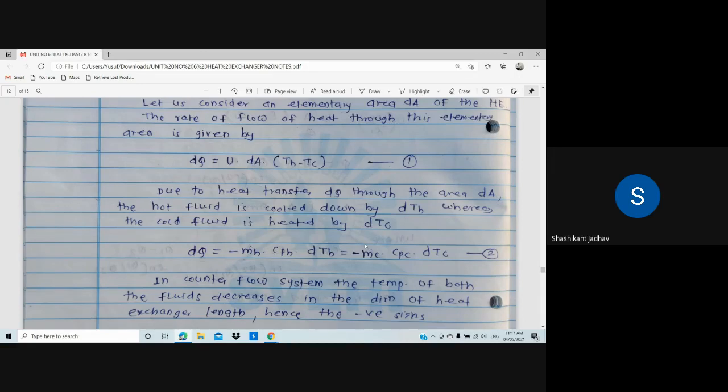This is equal to minus m dot c into cpc into dTc, and that is equation number 2. Okay, so all of you write down this equation. dQ is equal to minus m dot h into cph into dTh is equal to minus m dot c into cpc into dTc, that is equation number 2.